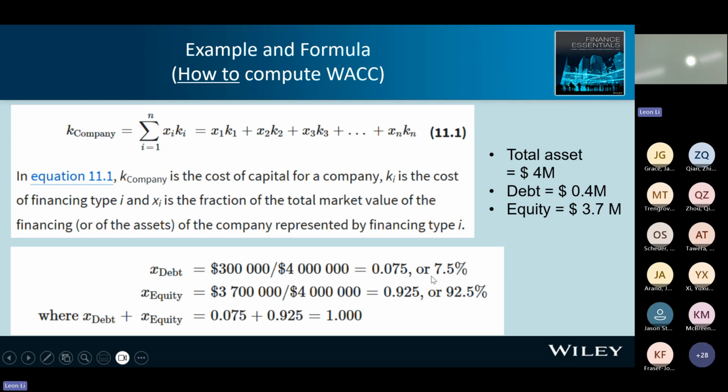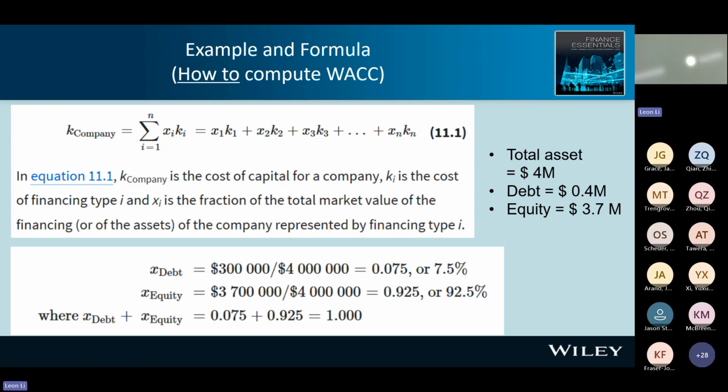Here is the number, 7.5%. Weight on equity is the equity value divided by total asset. This is the weight on equity, and you can see the sum of the weights equals 1 or 100%.